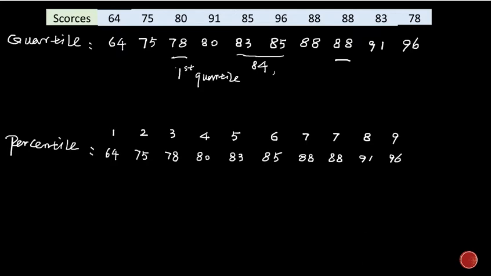How could this data divide into 100 parts? It is a little bit abstract, but it is understandable. Let's look at percentile from a different angle.